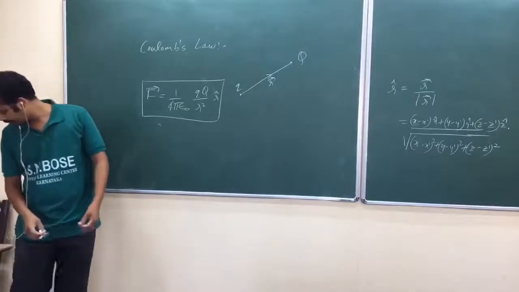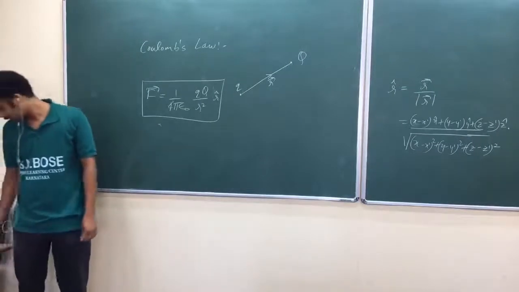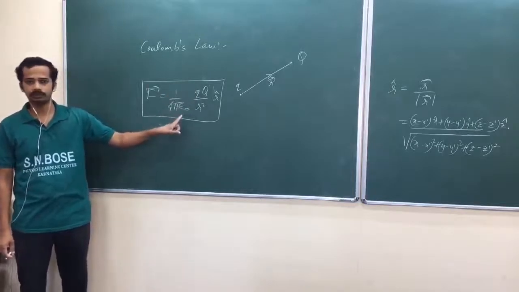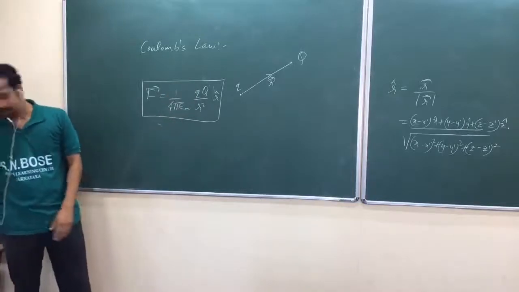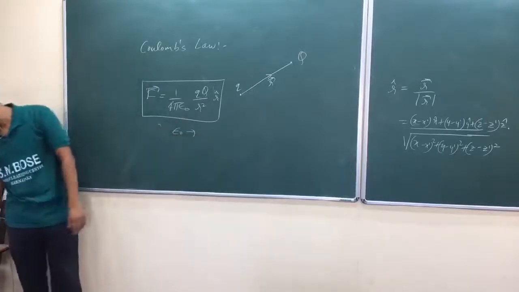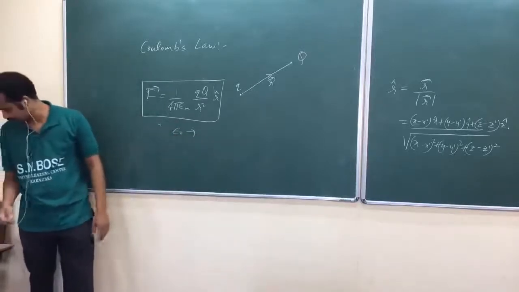Where epsilon naught is the permittivity of free space. Again, this whole thing is written for free space, otherwise you have to change this. I hope you know this one, I'm not going to elaborate.